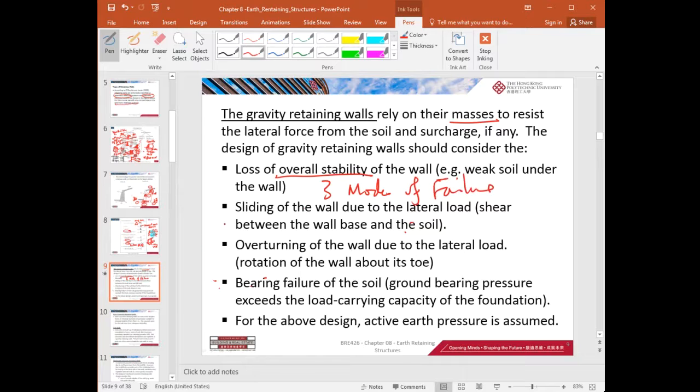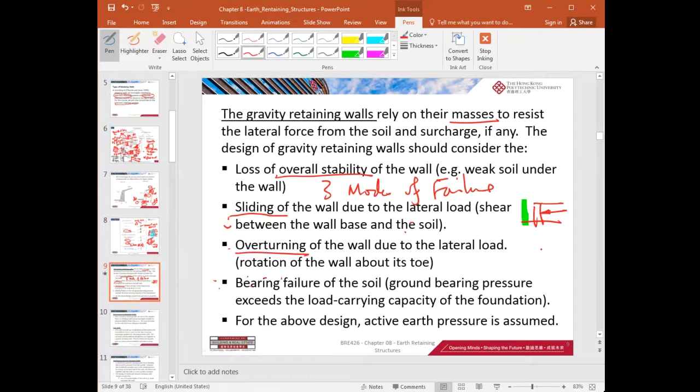The first one is sliding. It means that the wall, under force, will move forward to here. Sliding failure. And what about overturning?